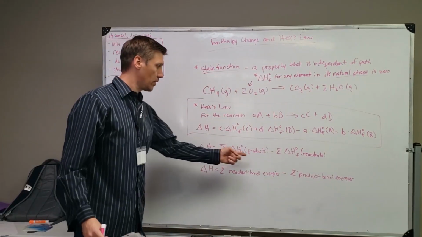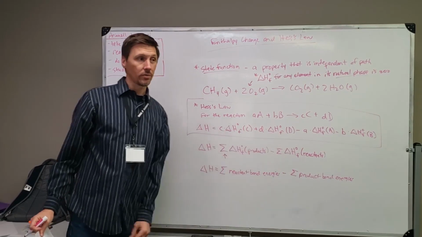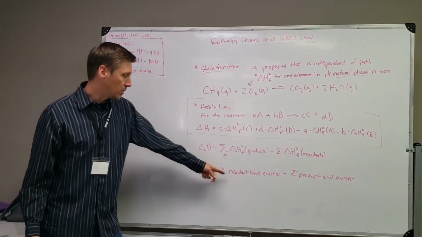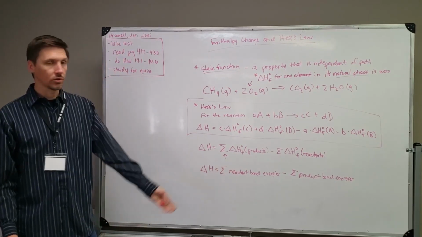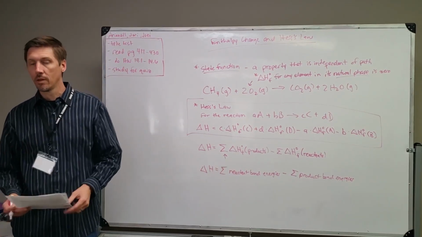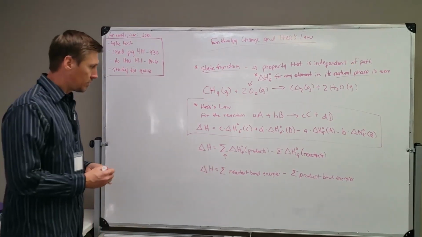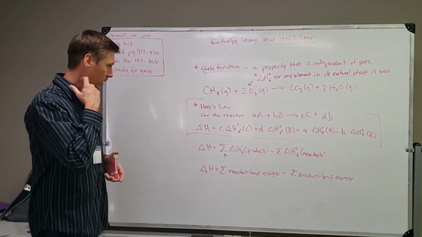So in Hess's law, the products come first and you subtract the reactants. It's the flip of that when we use bond energies. The reactants come first and you subtract the products. Okay? So that's a standard mistake that students make, and I don't want you to fall into that trap. So it's important that we point that out.